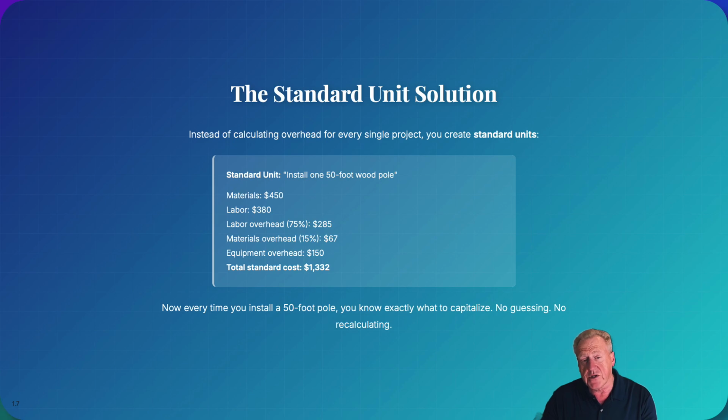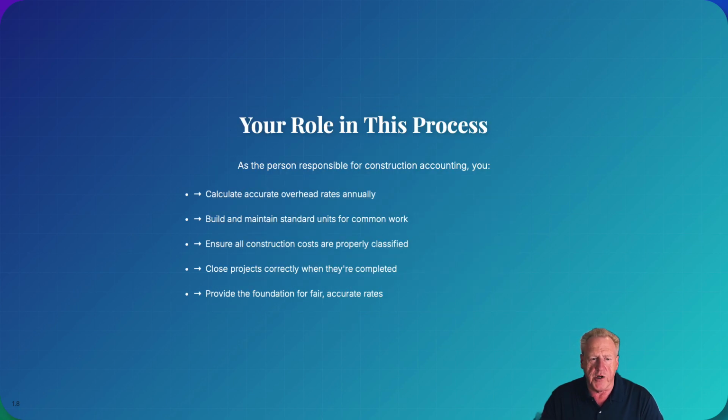Standard units are also handy if you do outsource work, if you're building subdivisions, things like that. You have developers coming in, you'll know a good estimate of what it should cost you to build those assets and what to capitalize, and then what also to charge these developers up front to reimburse the utility or co-op for this work.